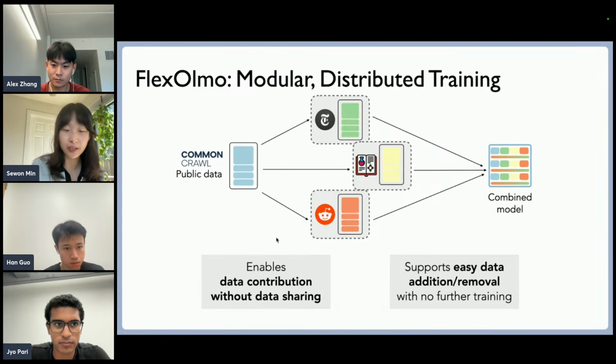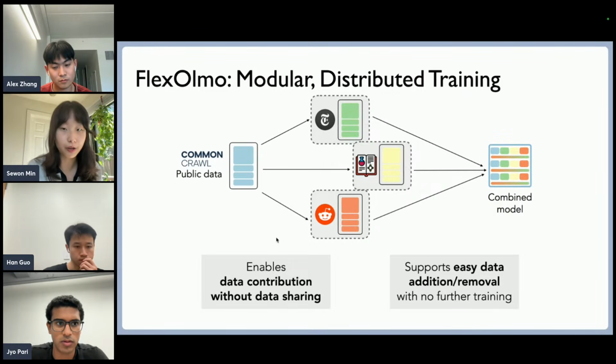The other issue, which I included as a limitation at the end of the slides, is that as you have more data owners, the model size gets very large very quickly. Even though you're not activating all experts, you have to load all these experts into your memory, and that can be a big bottleneck.